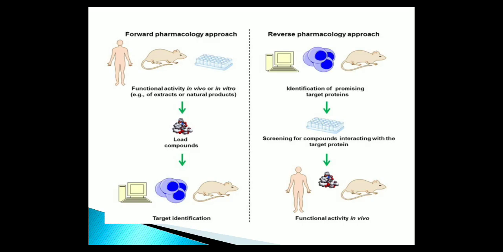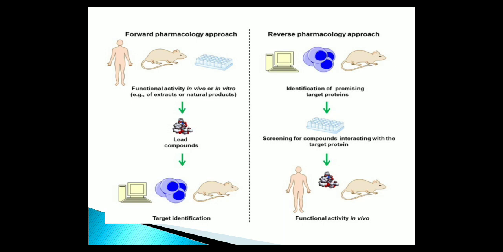Okay, so in the next slide I have shown you how it happens in the forward pharmacology approach. Functional activity in vivo or in vitro, for example extracts or natural products, done on various humans and all. So from that we'll get a lead molecule, and the next step is target identification.